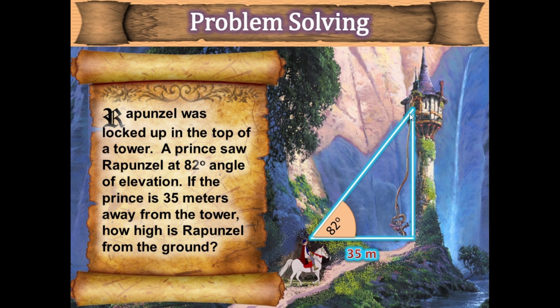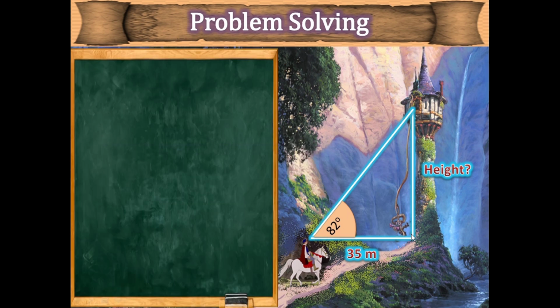So we are looking for the height of this tower from the ground. So in this problem, we can help the prince by using the trigonometric function to solve the height of the tower. So our solution, we will use the idea of angle of elevation.